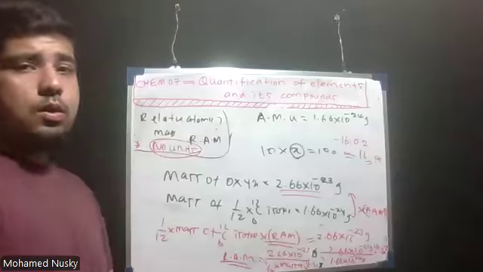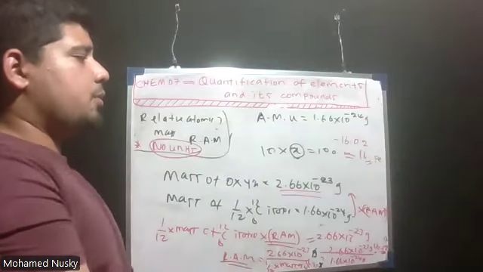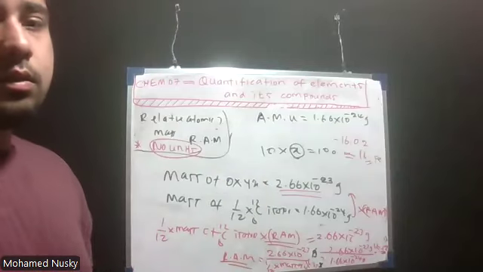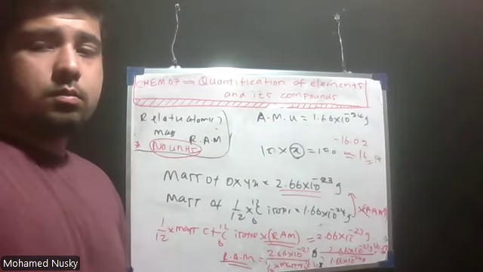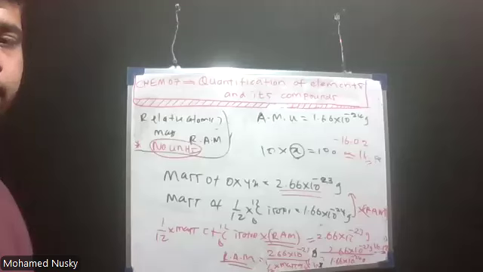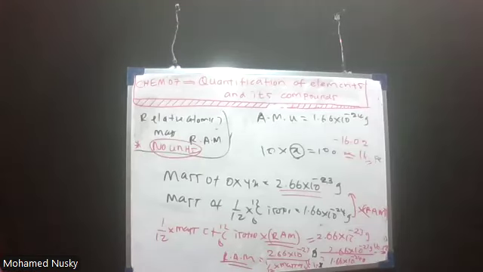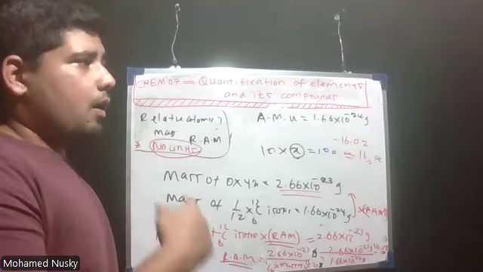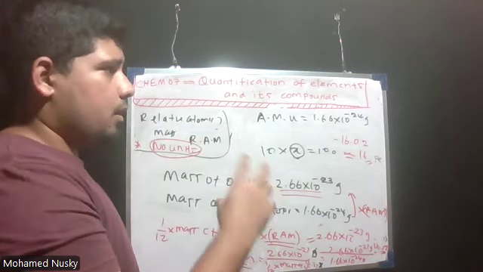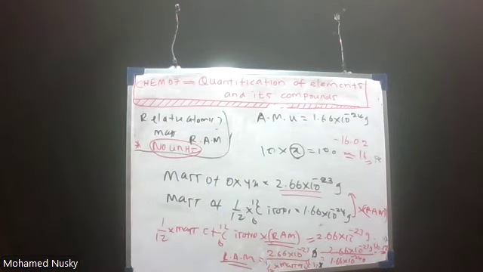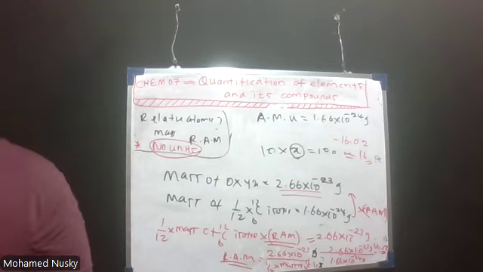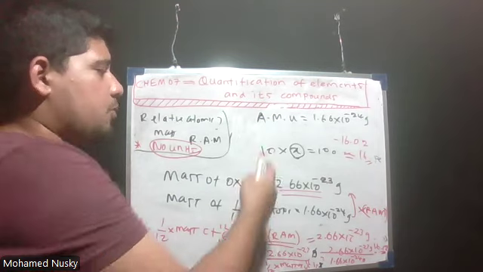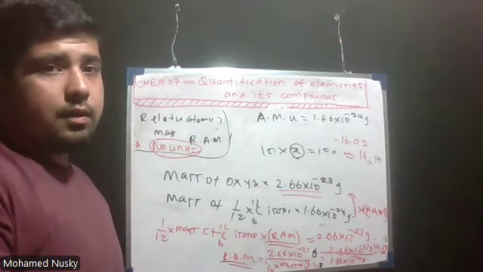10 into, with what should I multiply to get this 100? With how many times should I multiply this 10 to get this 100?